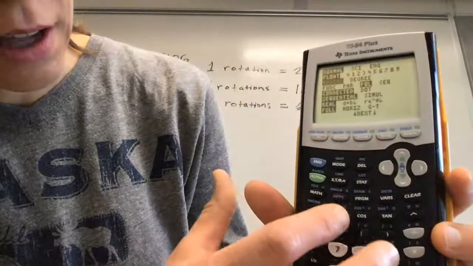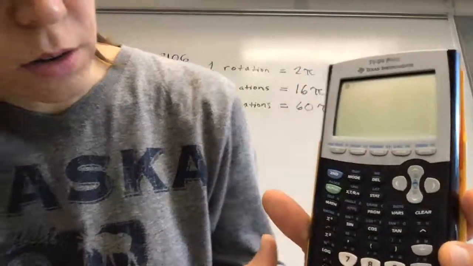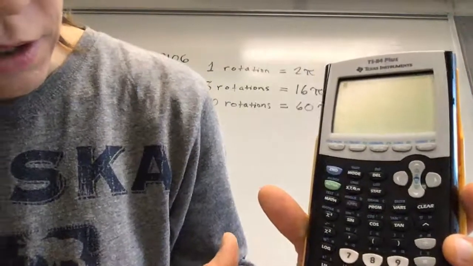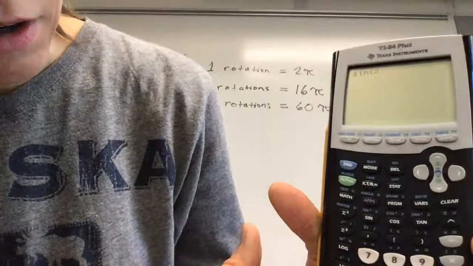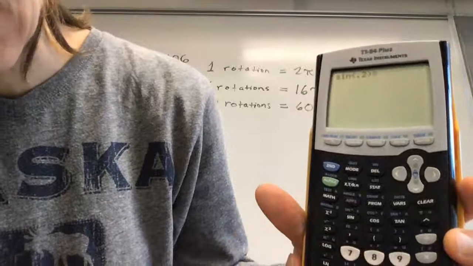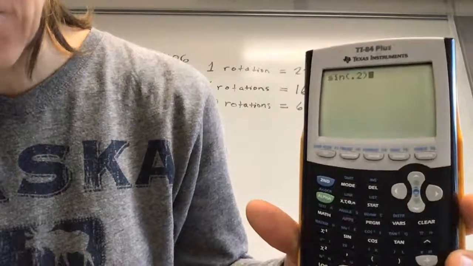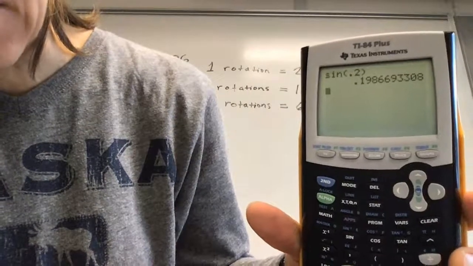Now I'm going to exit out, and I am going to now type in something. Like if I want to know the sine of 0.2 radians, I just type sine of 0.2, and it will tell me that the sine of 0.2 radians is 0.1986, etc.